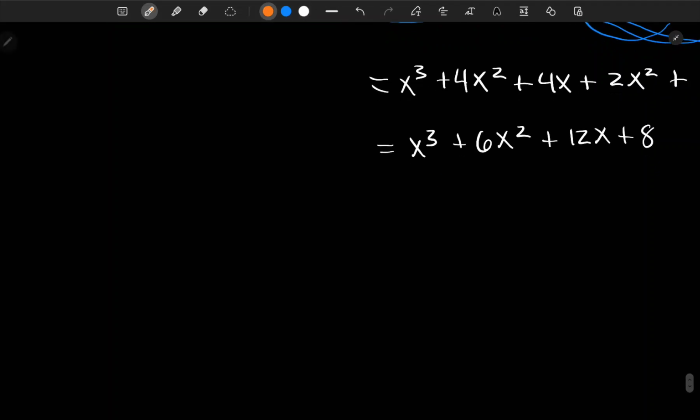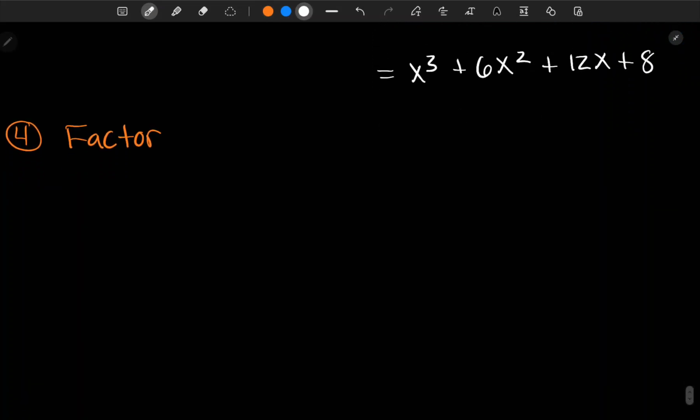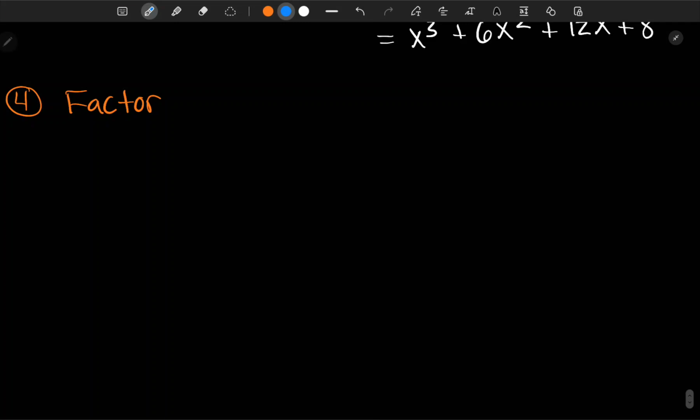Next, you may need to know how to factor expressions, which is the opposite of expanding them. For example, given 4x squared minus 25, we factor as follows.